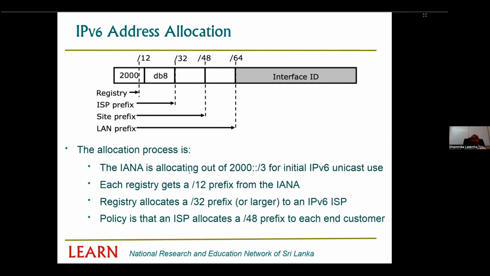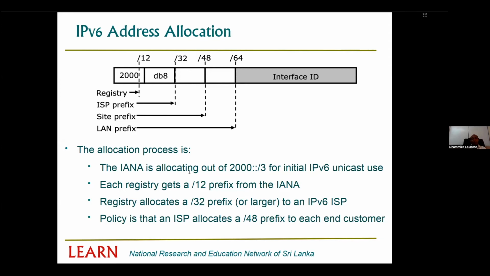Normally, IANA is the owner of these internet numbers. IANA is the institute that regulates what to do with and how to allocate these internet numbers, including IPv4 and IPv6.